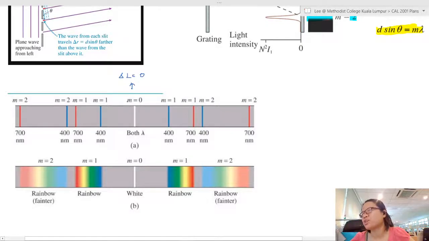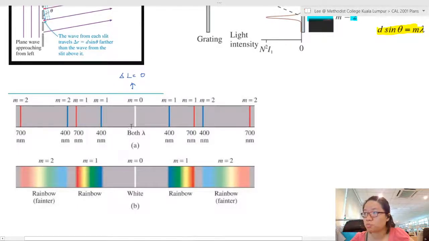I'm not sure if blue plus red is white. Maybe this will be purple, okay? But the reason why I show you this diagram is because you notice that certain colors will spread out less than other colors. The reason is that if you think about your electromagnetic spectrum, red light has a longer wavelength than blue light.